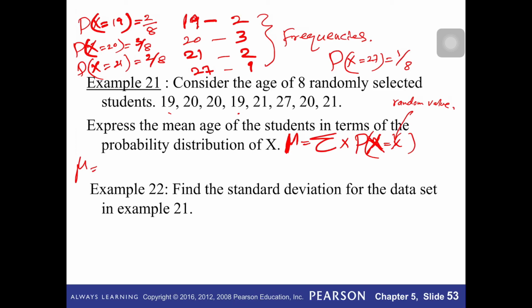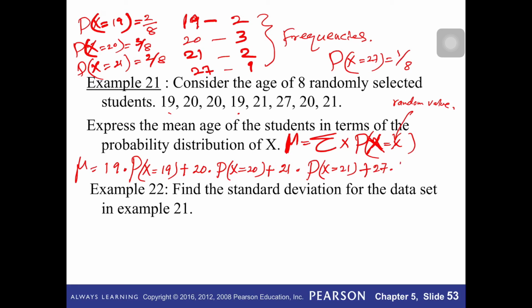So for x, first pick 19: 19 times probability of capital X equals 19, plus 20 times probability of capital X equals 20, plus the next value, 21 times probability of X equals 21, plus 27 times probability of X equals 27. Then you can plug in the values and find mu.